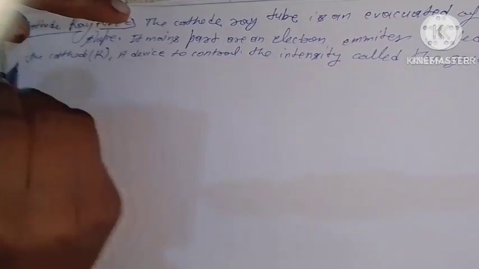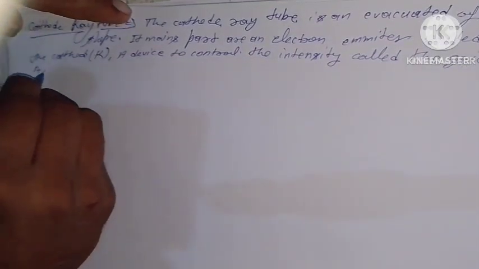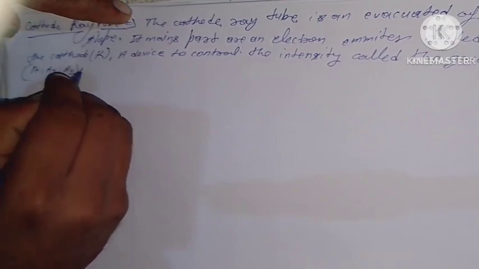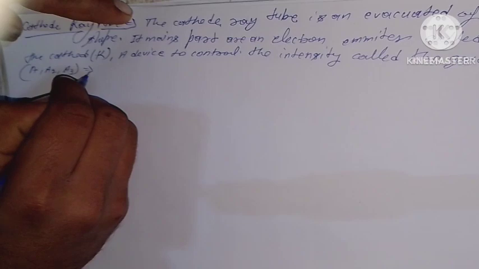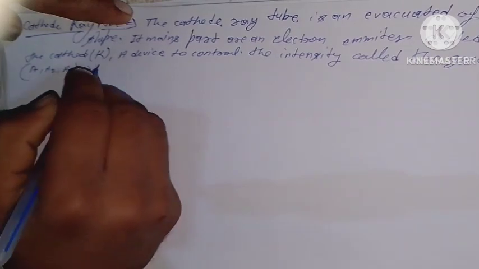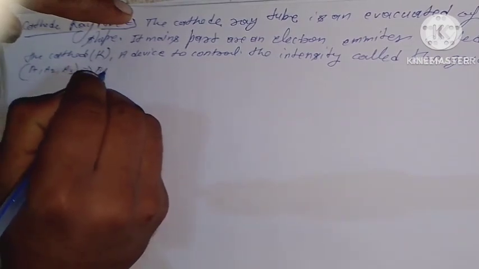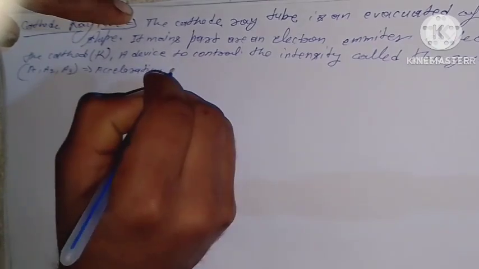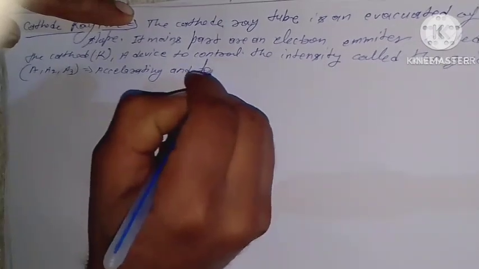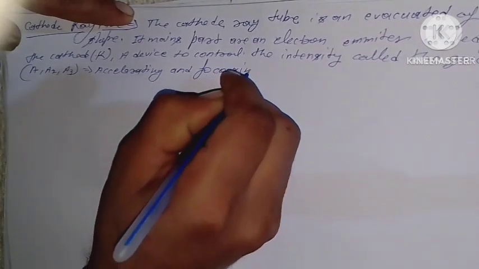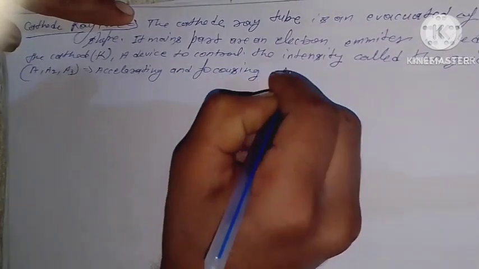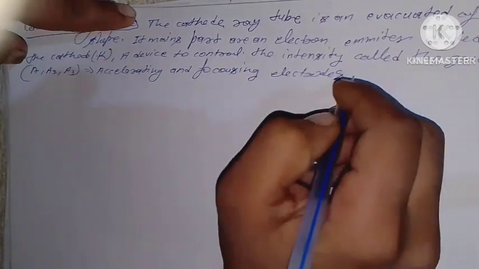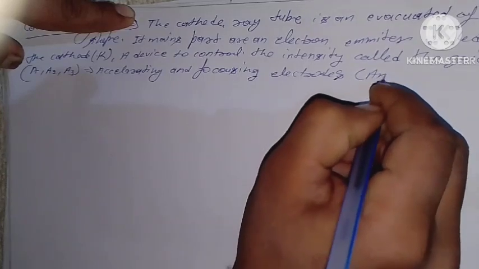And next is A1, A2, A3, accelerating and focusing electrodes known as anodes.